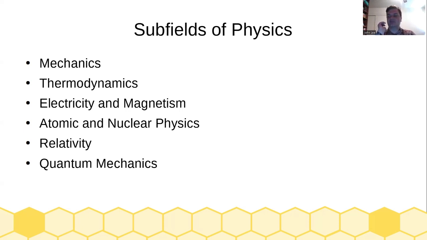And this gives rise to chemistry, as I said, because chemistry makes the assumption that there are only certain orbitals in an atom, and that assumption comes from the quantization that comes from quantum mechanics.